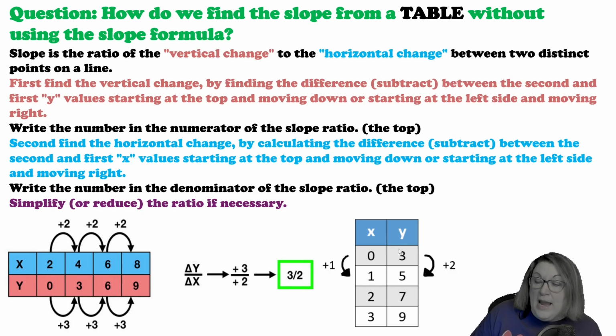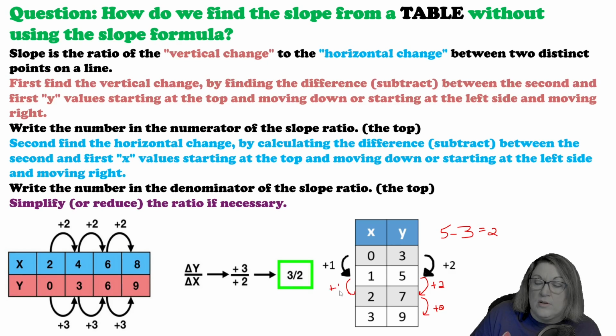Okay, on the right, you've got a change going up 2 each time. If you notice, it's going up 2 each time. It's not just the very first 2 points, it's each time, okay? You can get these values by subtracting. If I did 5 minus 3, the second y minus the first y, I would get 2, right? And you could do that on the x's as well. This is going up by 1 each time, plus 1.